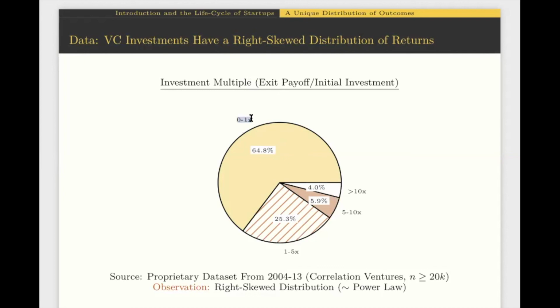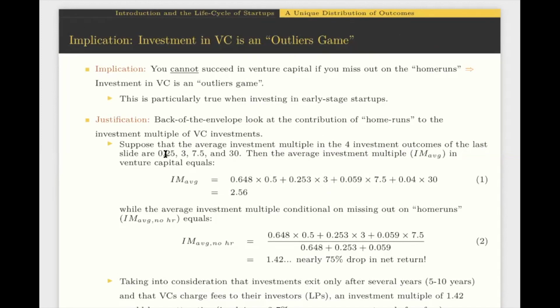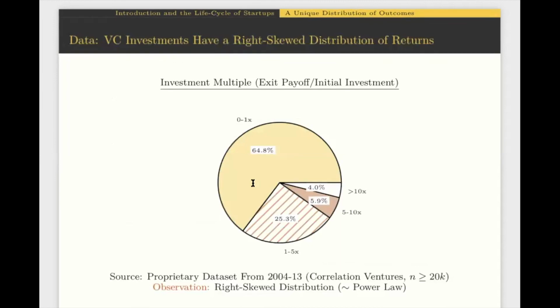I'm going to assume that the average company in the failure category generates a 0.5 investment multiple. Sorry, there's a typo here; this should be 0.5 instead of 0.25. I'm just taking the midpoint here.